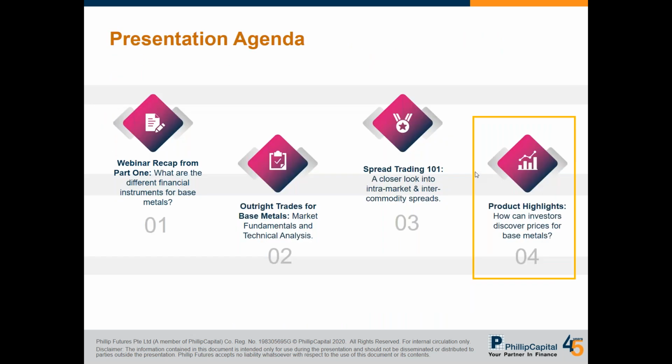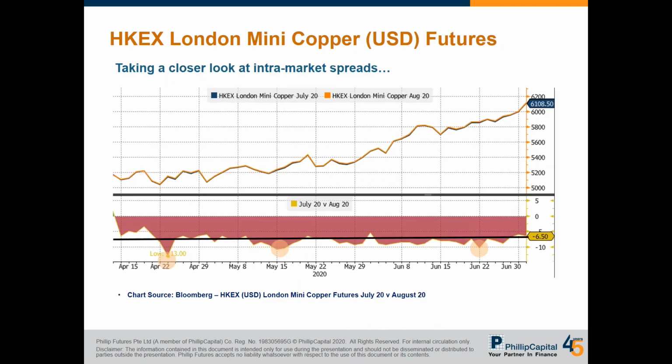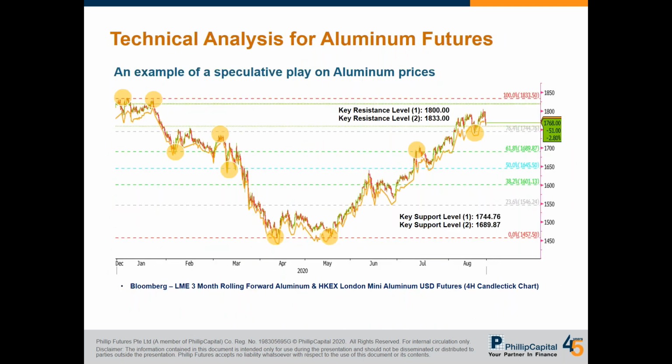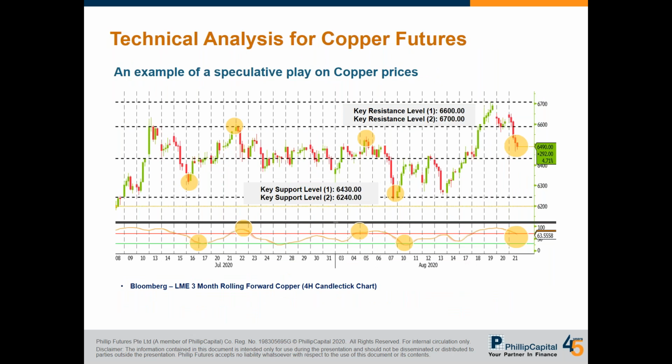Let's maybe go back to technical analysis. We can look at both copper and aluminum. Copper is always very linked to macroeconomic events. If you look at fundamentals or even trading the headlines, you can see it's very weighty.